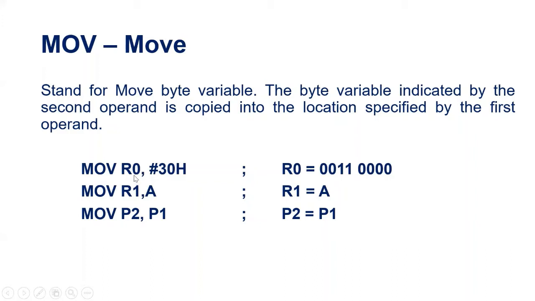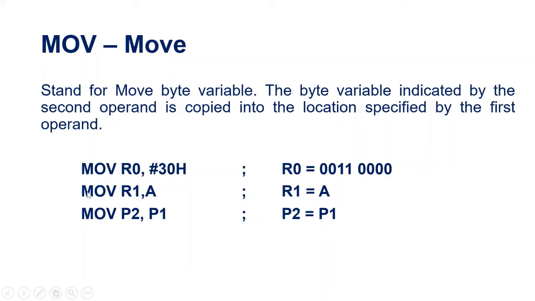Okay, yung R0 natin is the destination followed by comma, and then number sign 30H, the second operand could be a data or a register na kung saan yung laman ay ikakopy natin doon sa destination. So in short, MOV is the command or instruction, R0 is the destination, and then number sign 30H is the data or the source of data na ilalagay natin papunta sa destination.